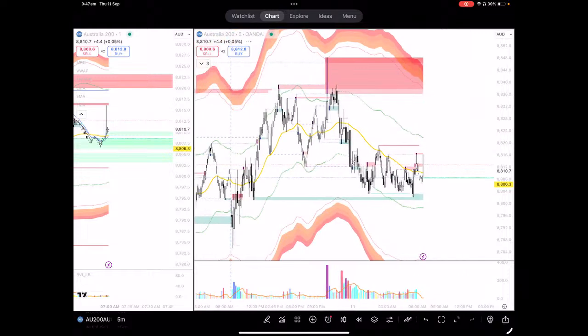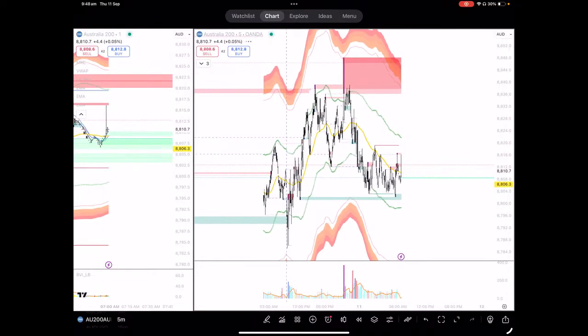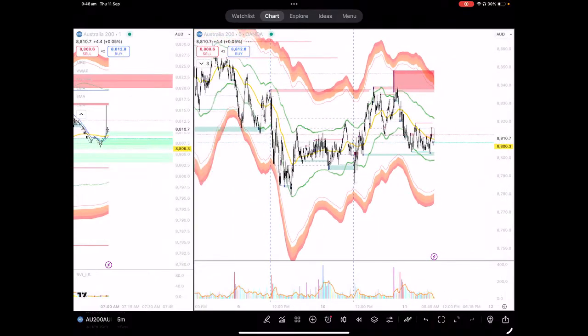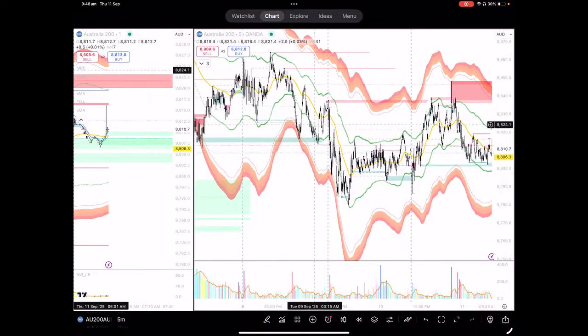The market from the previous day started here and sort of ended here. So it was more towards a sideways market rather than moving in a particular direction. So this is a direction I would say it's a sell. If you look at it, it started here, it ended here.